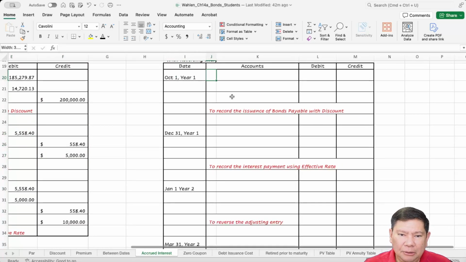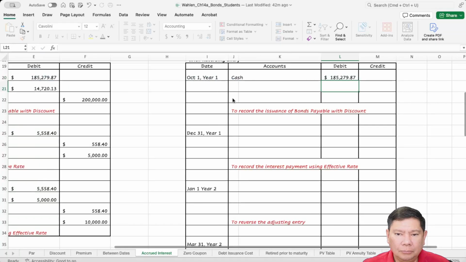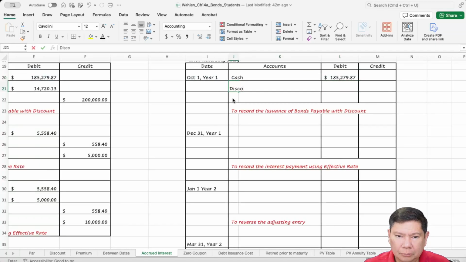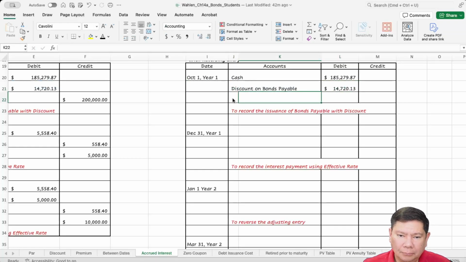It has nothing to do with the issuance, so the issuance would still be the same. Okay, exactly the same. The journal entry at the end is the same.